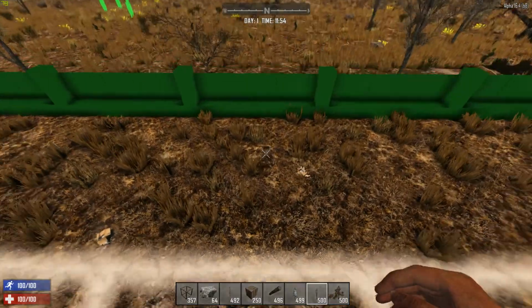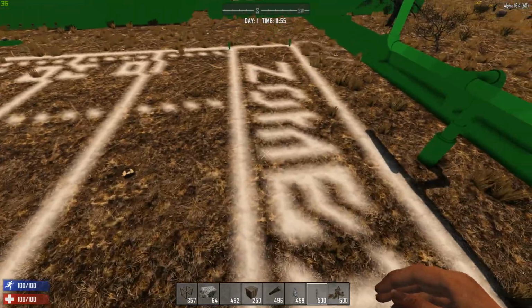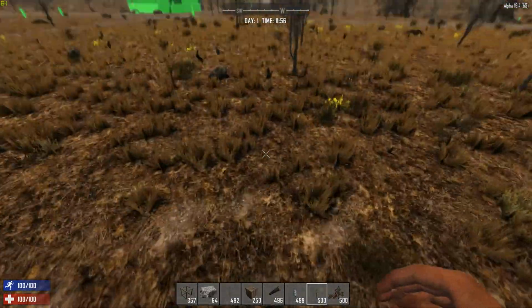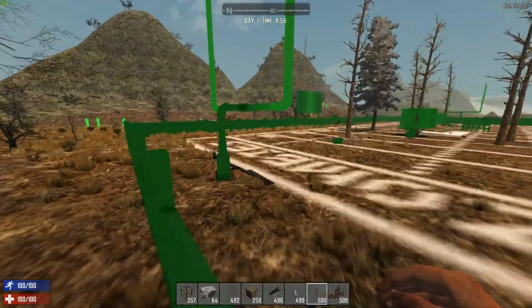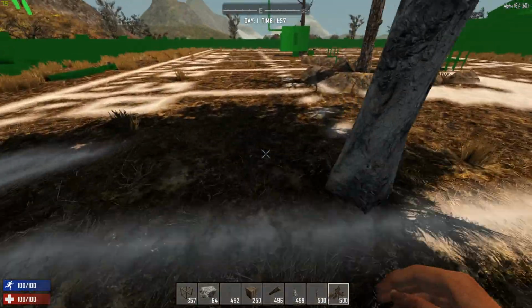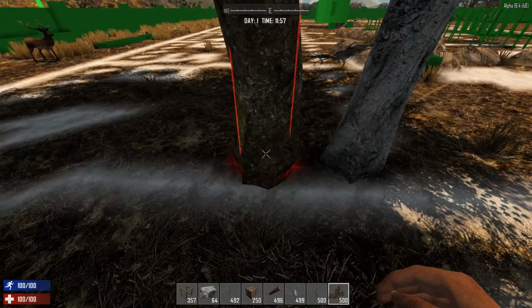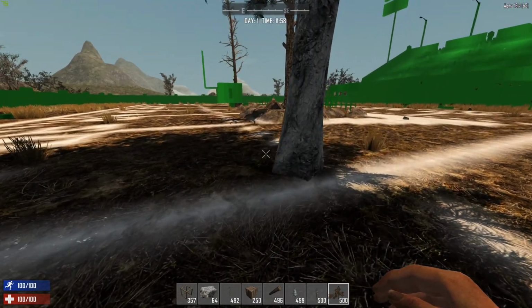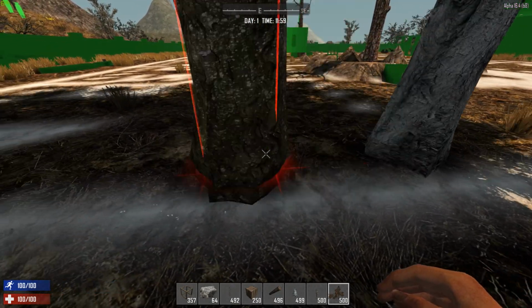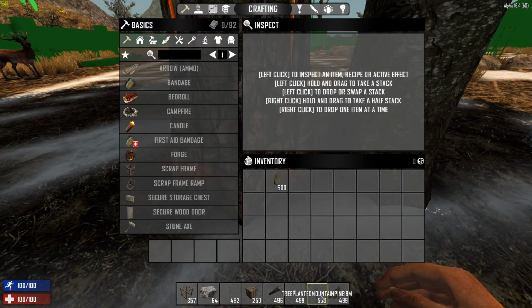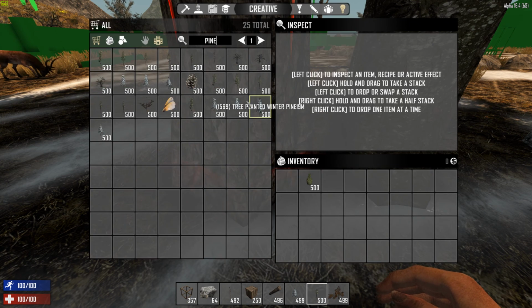That's curious. Yeah, this one works. We want 1, 2, 3, 4. There's some issue with the pine.